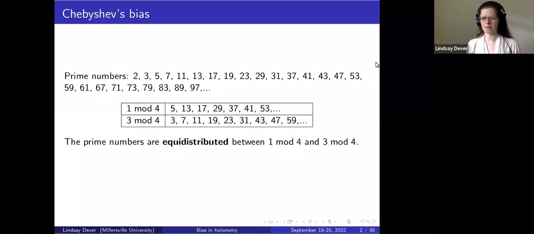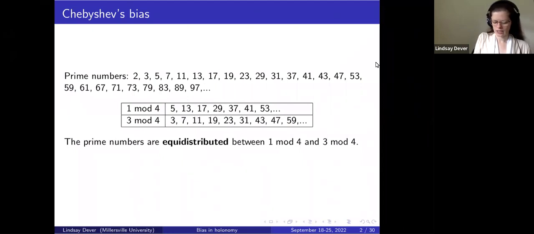Okay. So the way we say this formally is that the prime numbers are equidistributed between equivalence classes 1 and 3 mod 4. Okay, but now let's count again, and we're going to keep track instead of just whether they're even, we're going to keep track of which category is winning at any particular time. So first we add 3, and so 3 mod 4 is winning. And then when we add 5, the two categories are tied.